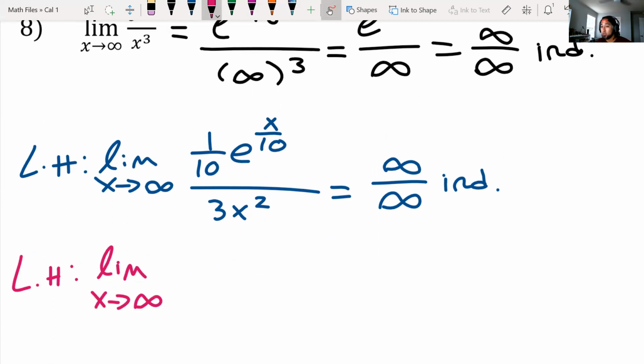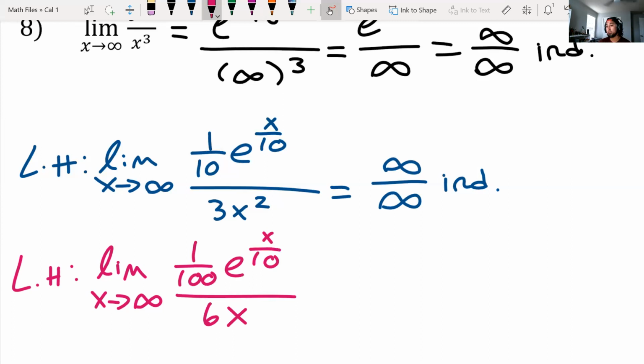And now, what is the derivative of the numerator going to be? One over 100. Good. E to the x over 10. Good. Over 6x. But again, if you plug in infinity, you're going to get infinity over infinity.